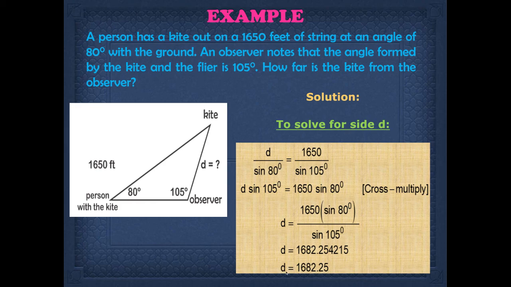D equals 1,682.25. This is rounded off to the nearest hundredths, or correct to 2 decimal places. So therefore, we can conclude that the kite is 1,682.25 feet away from the observer.